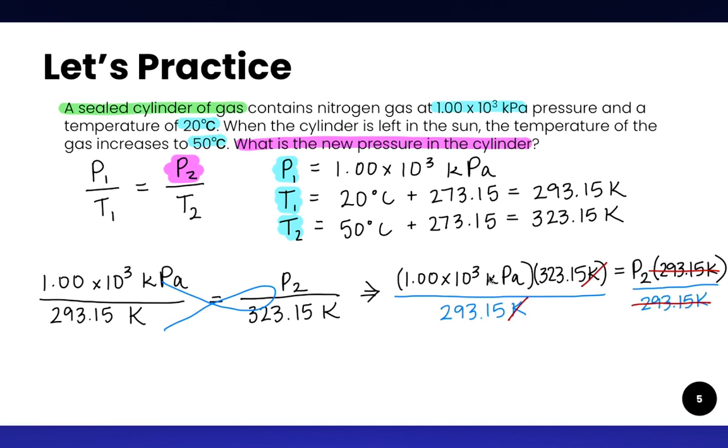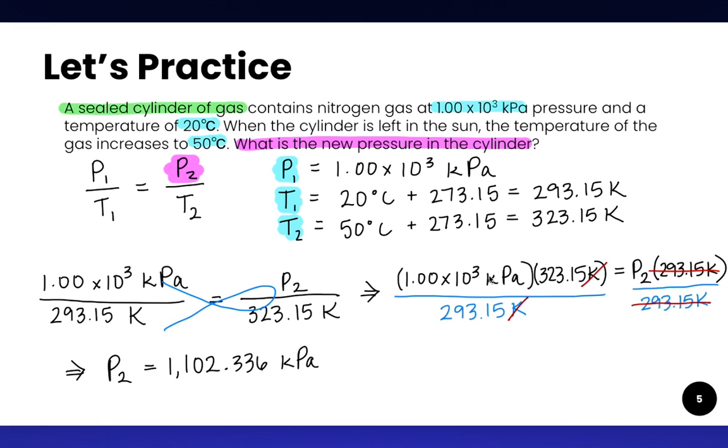Now I plug everything into my calculator. And I get P2 is equal to 1,102.336 kilopascals.